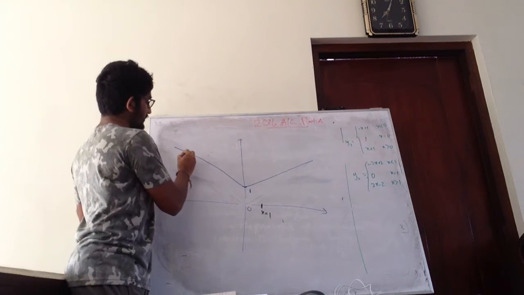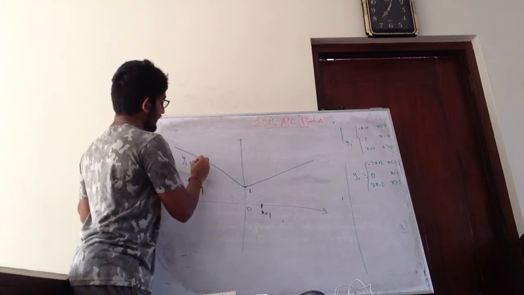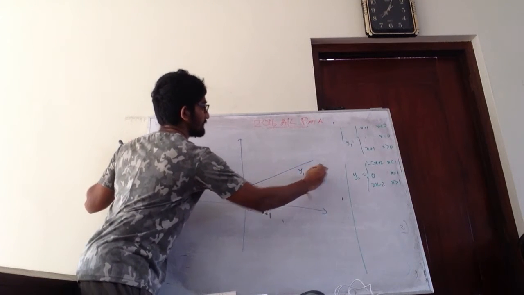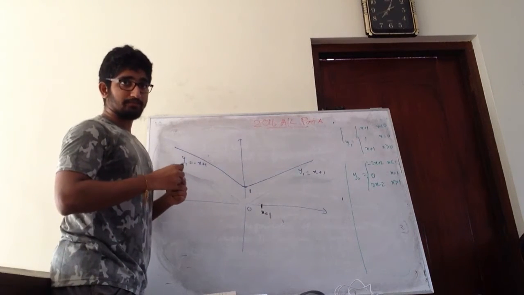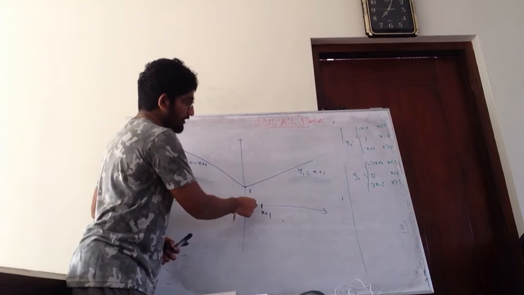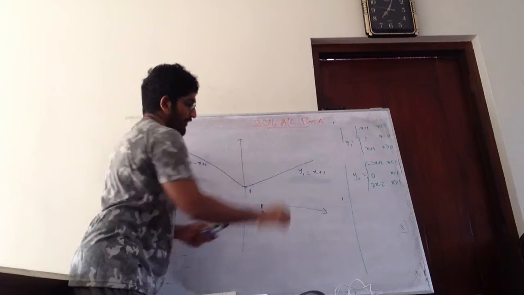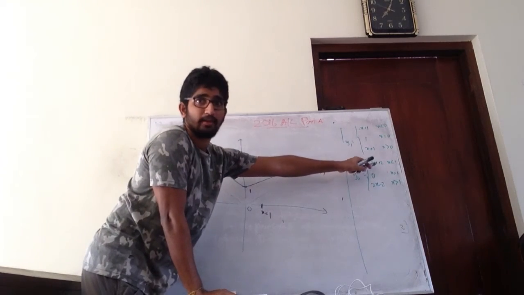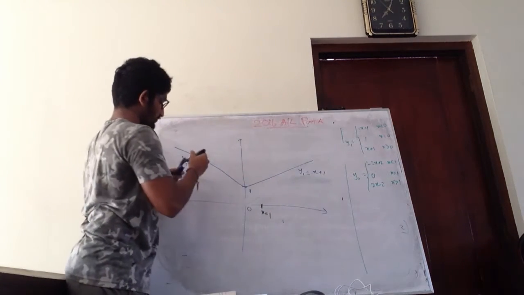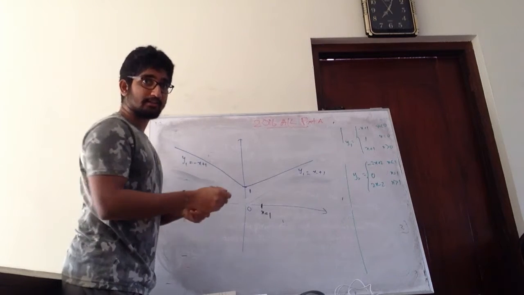This is y1 equals minus x plus 1. This is y1 equals x plus 1. Correct, no? Then at x equals 1, the value will be 0. And then if I put x equals 0 here, that will be 2. No? So this will go. So this will definitely have a higher gradient.